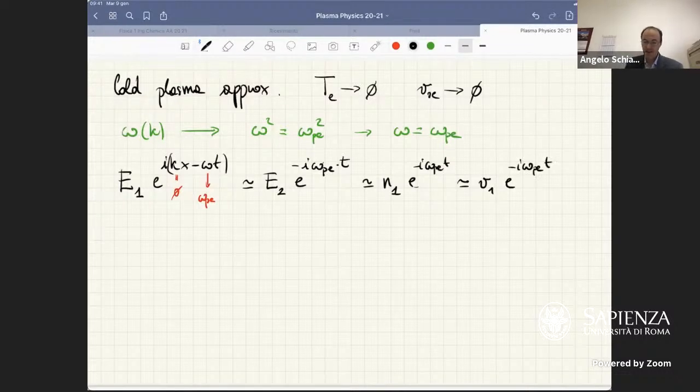So we see that in the limit of the cold plasma approximation, in our solution only k equals 0 can satisfy this relation, and the wave is not a wave anymore, but a non-traveling oscillation.